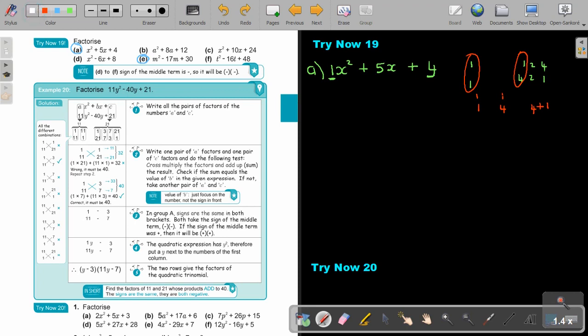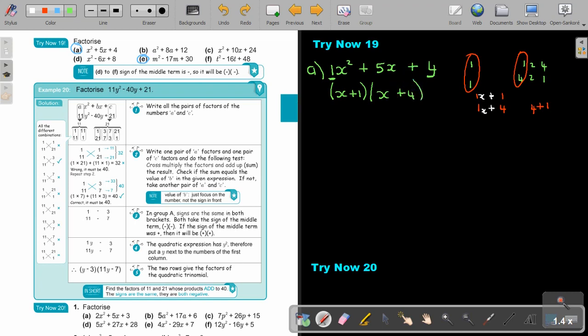And then I'm just going to go to the signs. The signs are the same and both take the sign of the middle term. So in this case, it's going to be positive, positive. And this is x squared, x, so it's just going to be x, x. And then my brackets, and then I just can write my final answer here. And my bracket is going to be x plus 1, x plus 4.